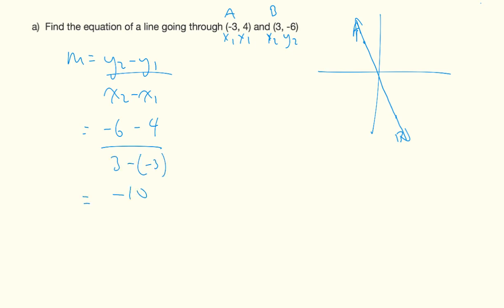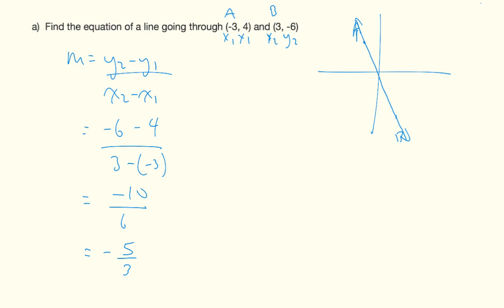I get negative 10 over, I'm going to be careful here, 3 plus 3 is 6, and it looks like I get a fraction. Lowest terms, I think it's going to work out to negative 5 over 3. I was expecting a negative slope just from my picture. I can see, of course, that my line is traveling kind of down as I go left to right. That means it's a negative slope.